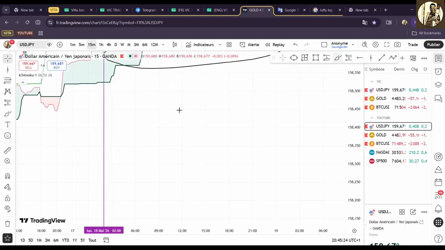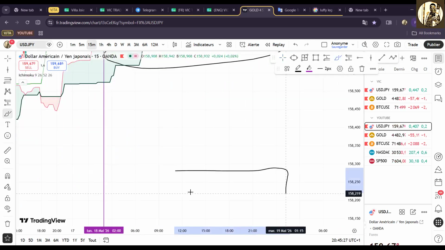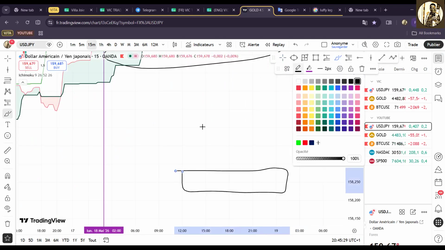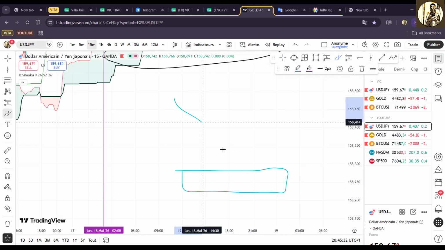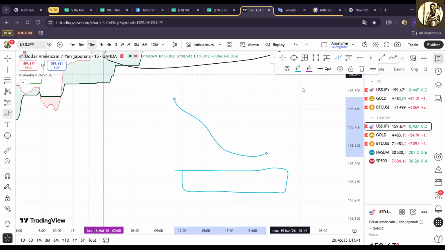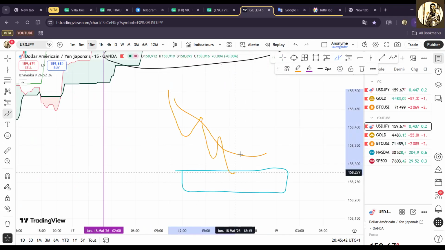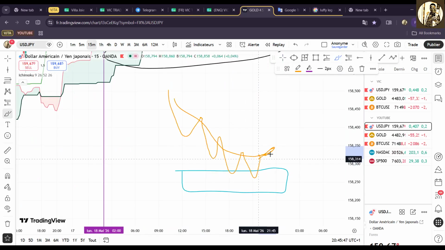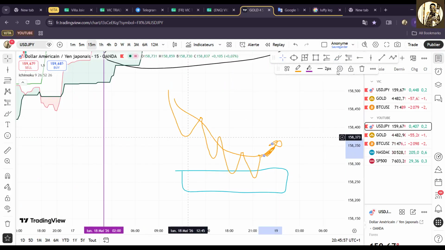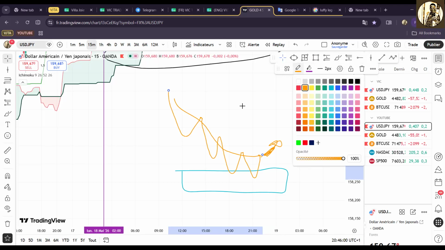There is an H4 setup here, and then Tenkan on 15 minutes is looking like this, and the price is going down. If the price touches Tenkan one time, second time, third time like this, keep selling till you see Tenkan inverted to the upside. When you see Tenkan inverted to the upside, then you can start buying. That's my whole point of view about what I'm trying to explain in this part.